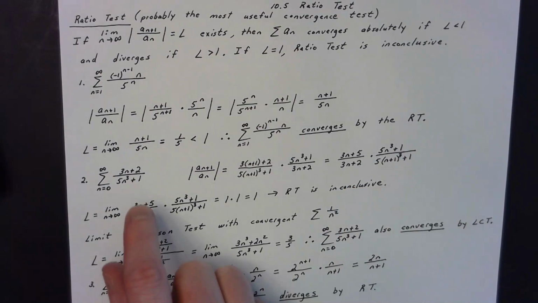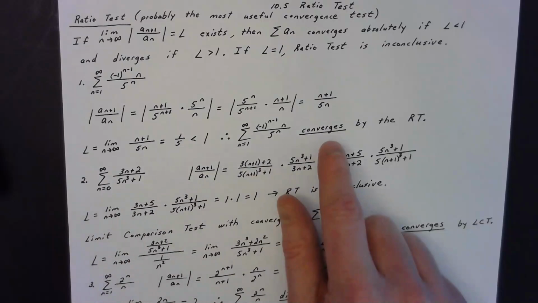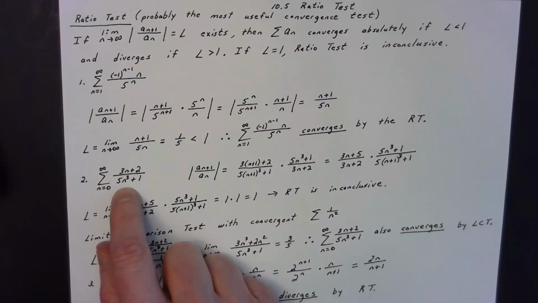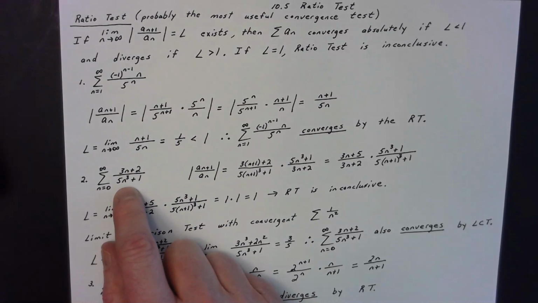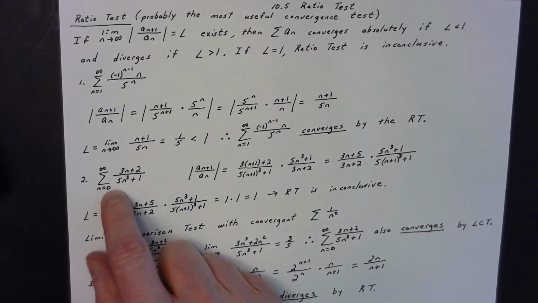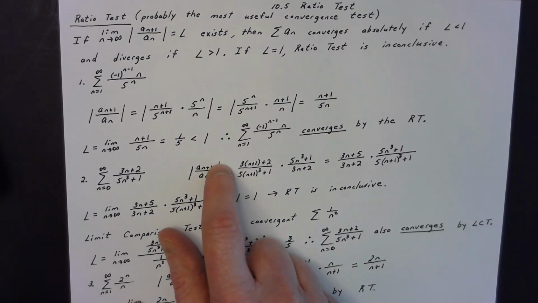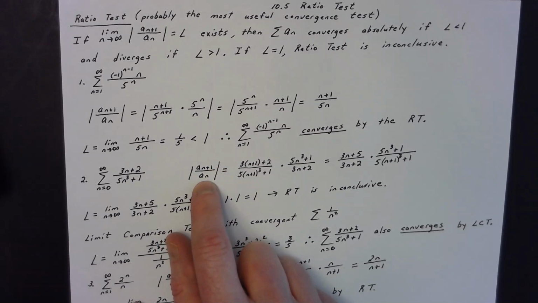Now for another one here, so this one converges because the limiting value is less than 1. Let's look at this one. We have the series of 3n plus 2 over 5n cubed plus 1, valid for n equals 0 to infinity. So I said, okay, the ratio test is only going to concern itself with the absolute value of the a sub n plus first term over the a sub nth term.